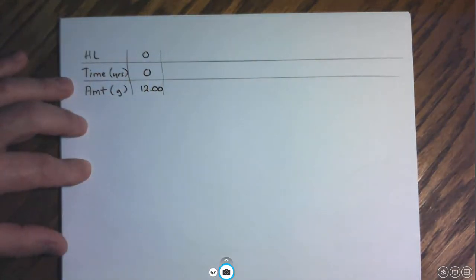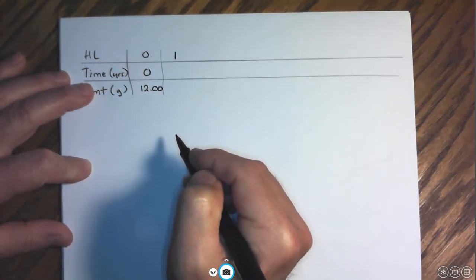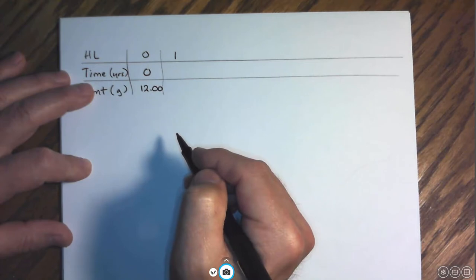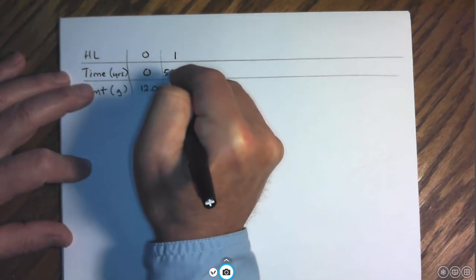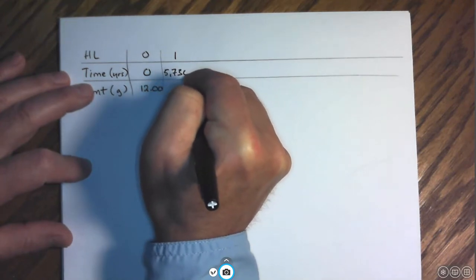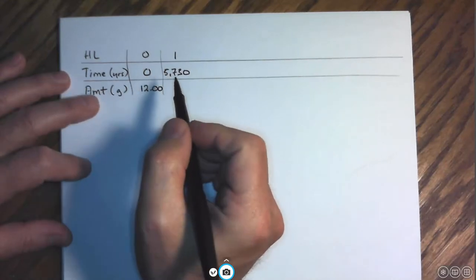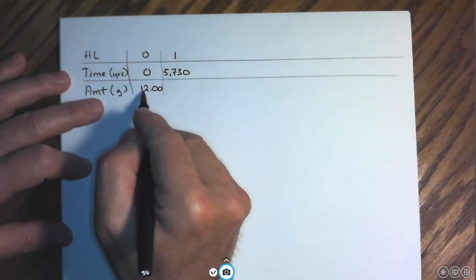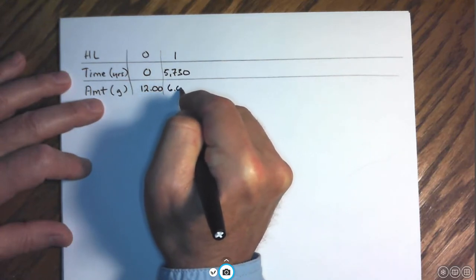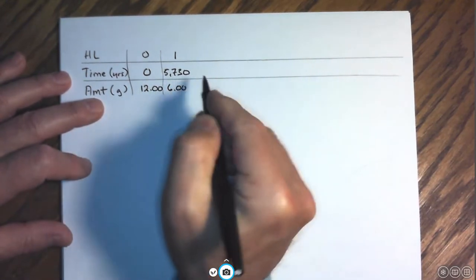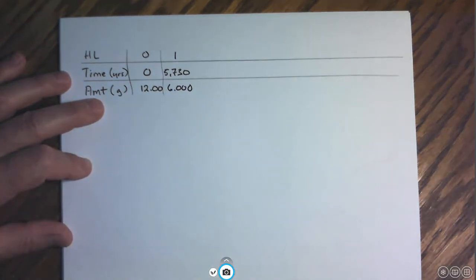Okay, so for the first half-life, the time that will have passed is 5,730 years. And because I put years over here, I don't have to put it there, but it's okay if you do. But half of this disappears in that half-life. So that's 6.00, but I need 4 significant digits, so it's 6.000.